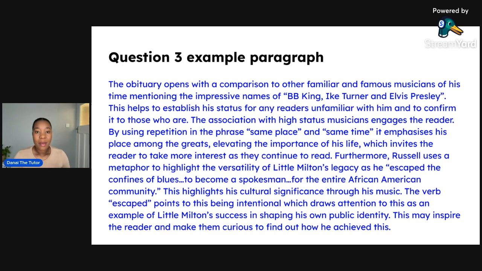The fact that my first sentence is about how the obituary opens is a structure point. So I've looked at structure and language in this one paragraph, okay? So yes, this is an example of a top-level response to question 3 on paper 2.